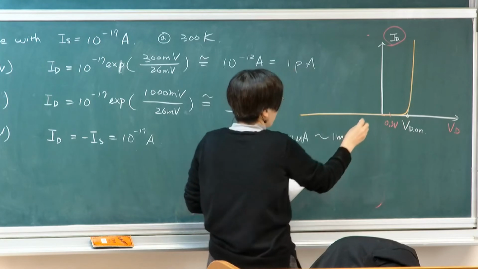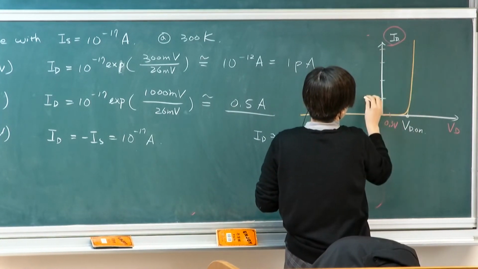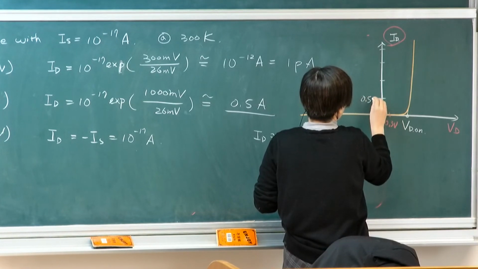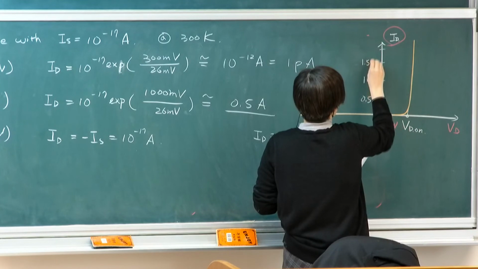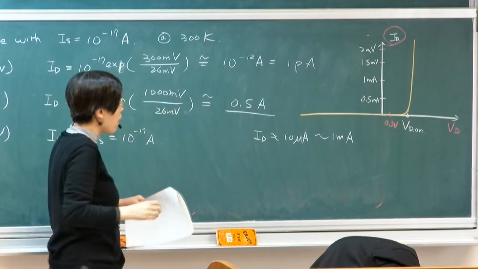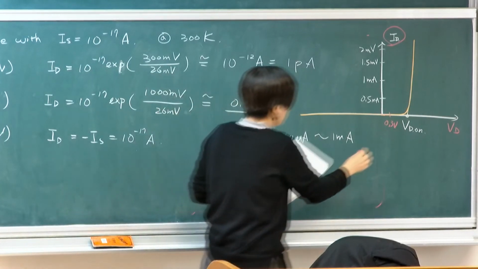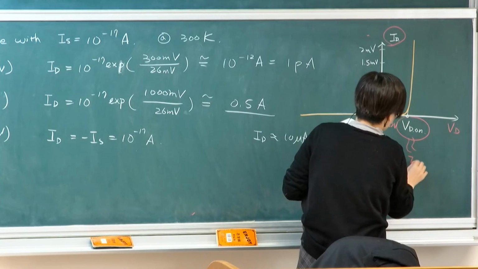So if I'm drawing this in, let's say, a scale, let's say this is 0.5 milliamp, this is 1 milliamp, 1.5 milliamp. So you can do the exercise on your own. You will find out that this voltage median will be somewhere around 0.7 to 0.82.